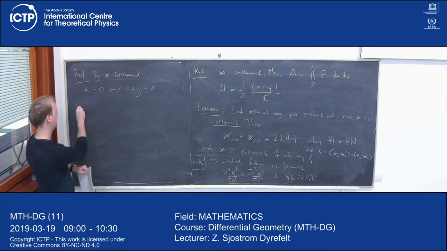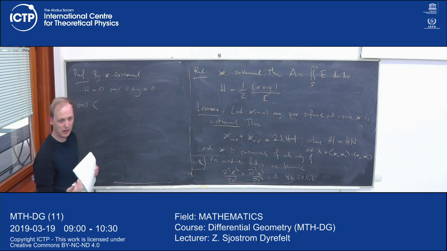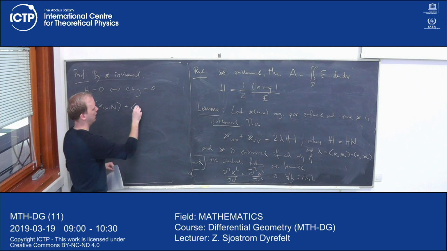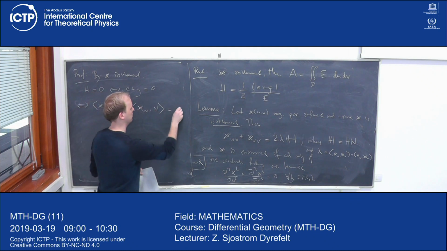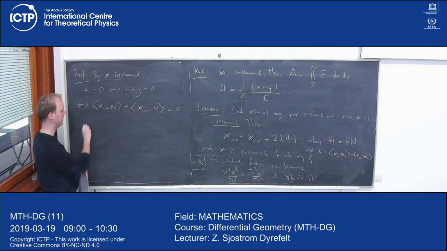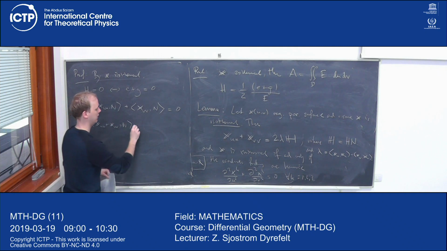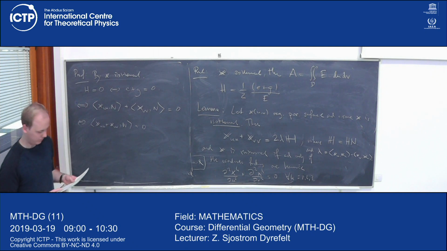But what is E plus G? So E is equal to x_uu dot n and G is equal to x_vv dot n, which is equal to 0. Okay, this thing is multilinear. So this is the same thing as saying that (x_uu plus x_vv) dot n is equal to 0. Okay?